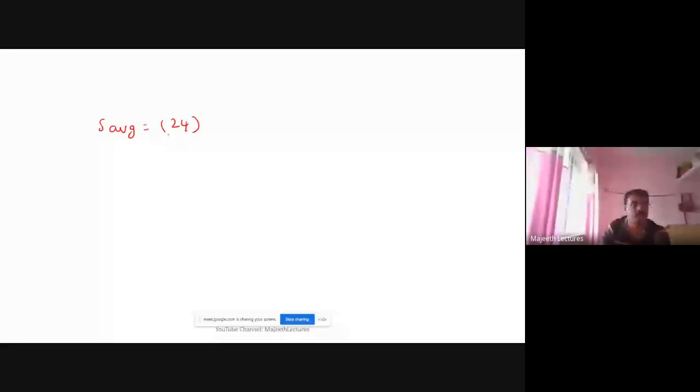Now S average in magnitude is given by 24 squared divided by 2 into 377. That will give 2.45 minus az.